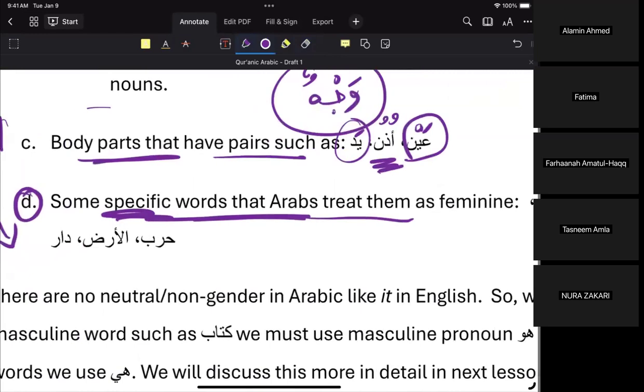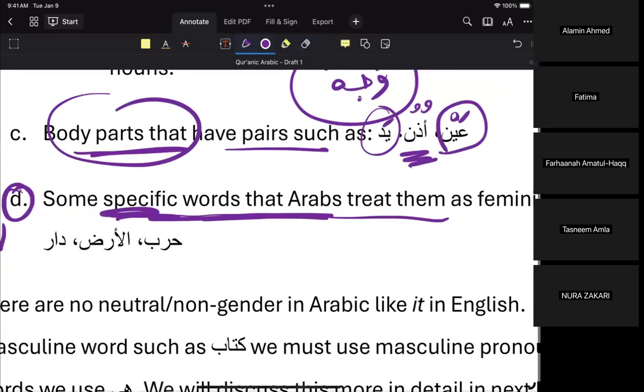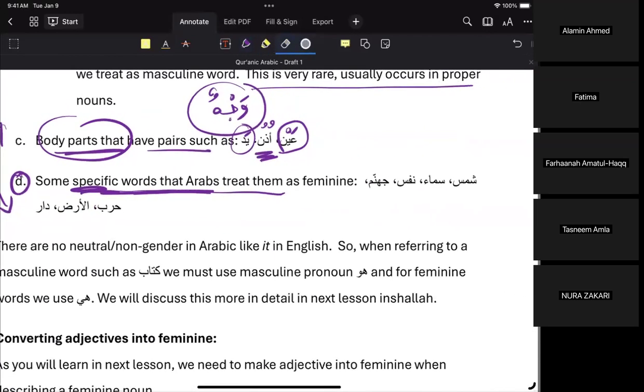Here, at least we know some rules. Okay, body parts that come in a pair. As strange as it may seem, at least we have something to work with. But these words don't have any particular rule. It's just that the Arabs treat these words as feminine. So we have to know them, just like you and I. The normal Arab, who is a native Arabic speaker, also has to know. There's no rule, so they have to learn just like you and I.